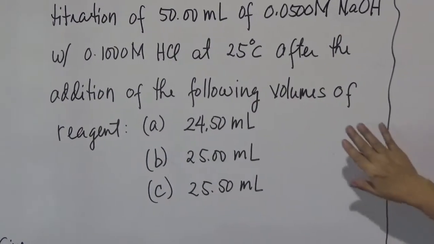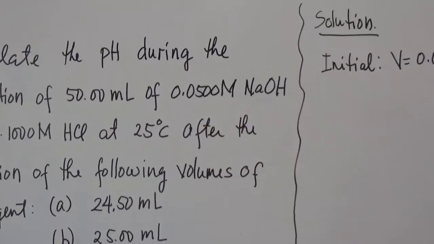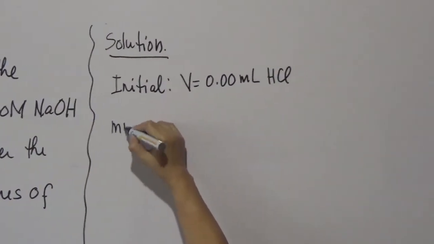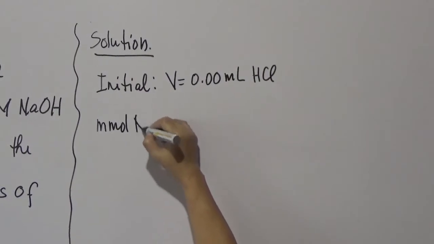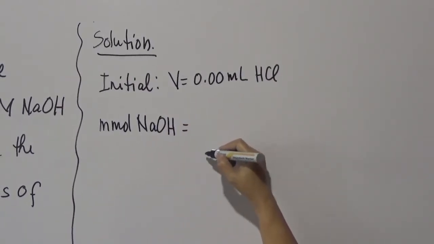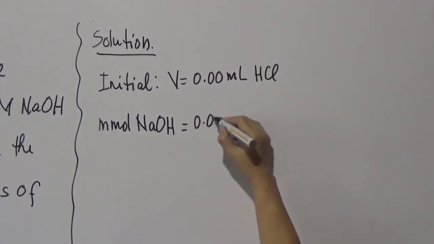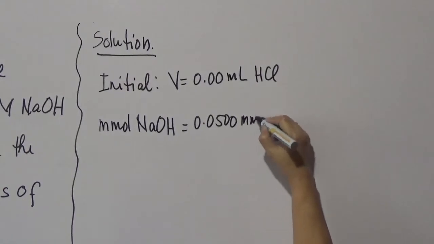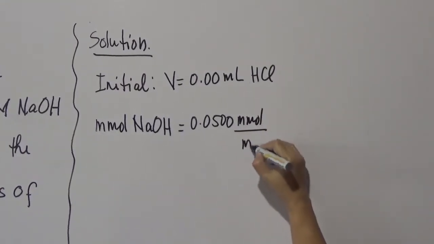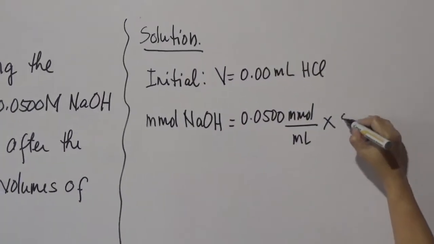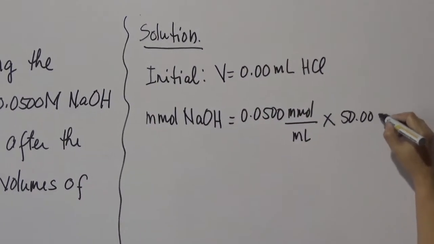Since we have the volume and the concentration of sodium hydroxide, we would be able to determine the millimole of sodium hydroxide. The amount in terms of mole. So we have here 0.05 molar, so we can have it in millimole over ml, times the amount of the analyte, which is 50 ml.